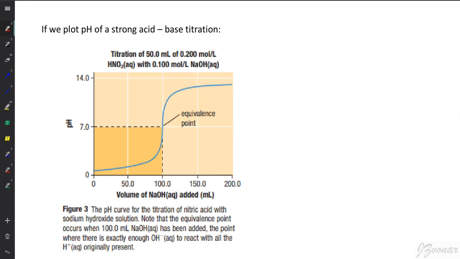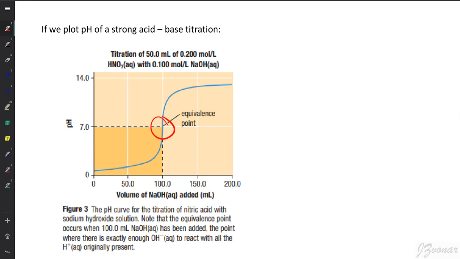On the onset, inside the flask, we'll see that it has a very strong acid or hydrogen ion concentration. But as we begin to add the NaOH, it starts to become less acidic. And then at one point, which is the equivalence point, we're going to have the equal number of moles.